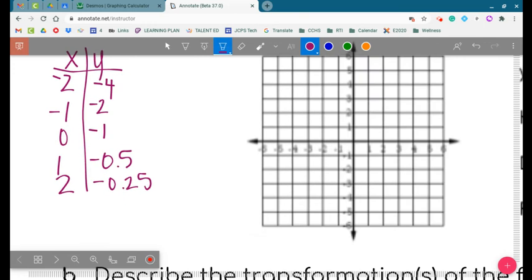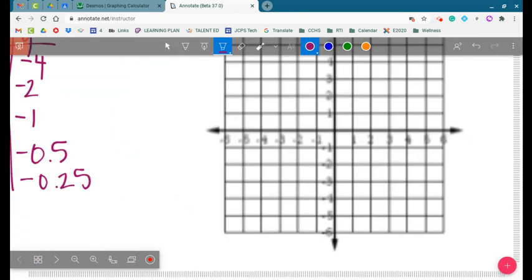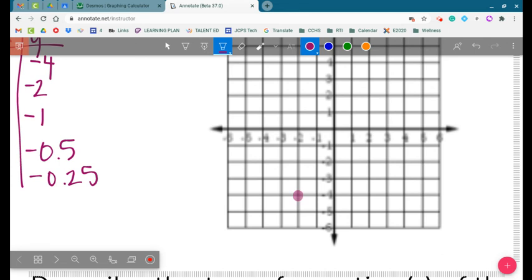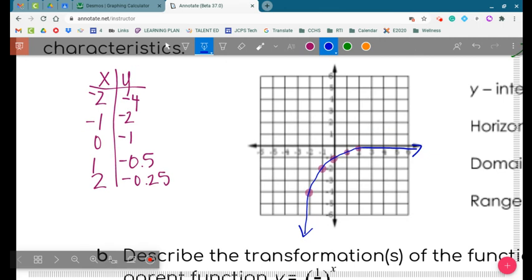Okay, let's graph this. So negative 2, negative 4; negative 1, negative 2; 0, negative 1; 1, negative 0.5; and 2, negative 0.25. Okay, so this line goes up and gets really close, and then it stops. So if this was reflected, it means it was reflected over this x-axis.